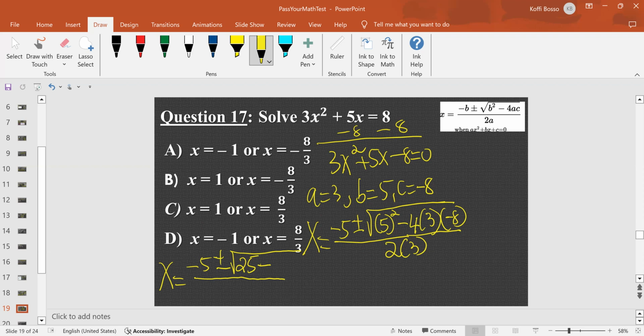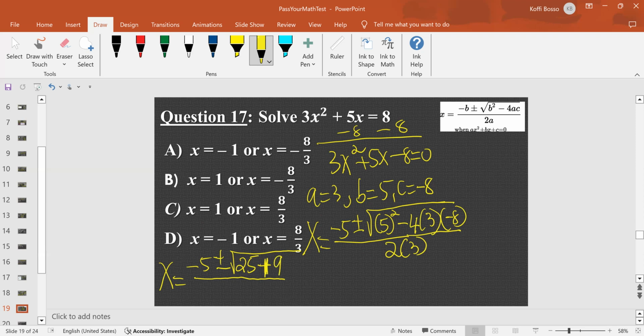So if you do 4 multiplied by 3, you get 12. And now 12 multiplied by negative 8, you're going to get 96. But the negative multiplied by negative will turn to positive.